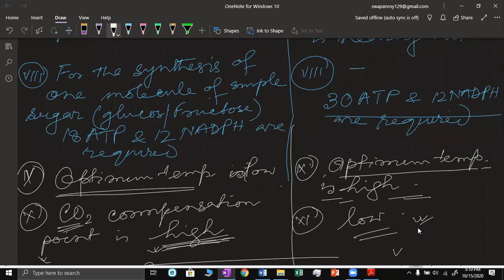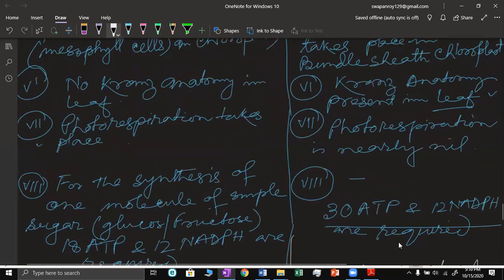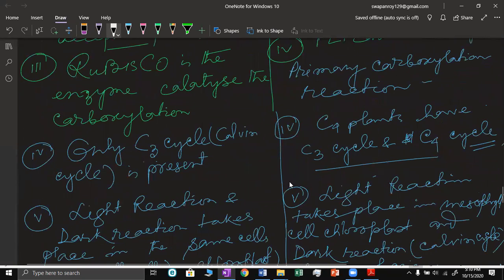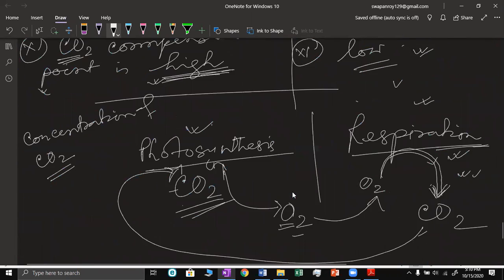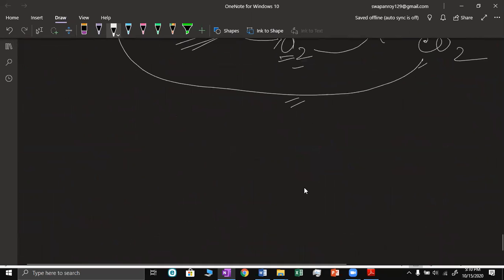Is there any question, dear students? This difference between C3 and C4 plants is very, very important. Most plants are C3 plants. C4 plants are very few.